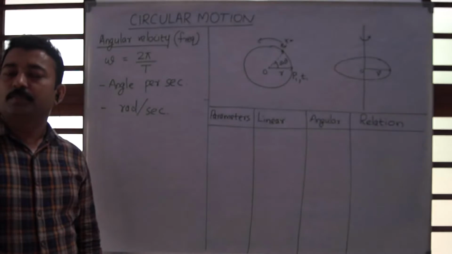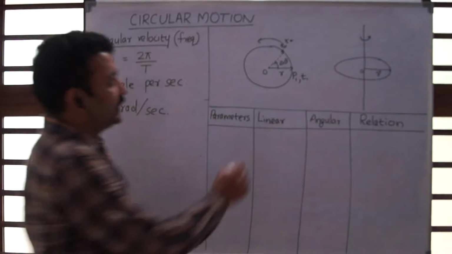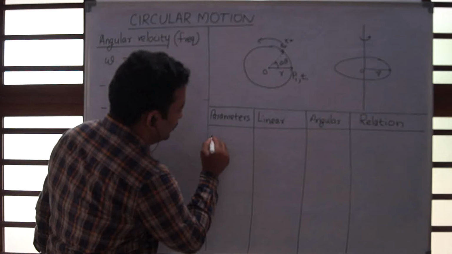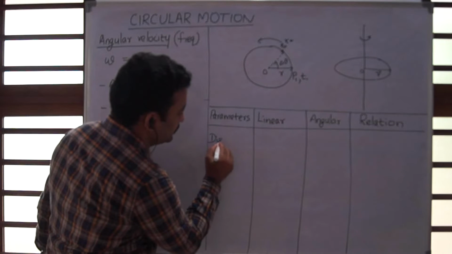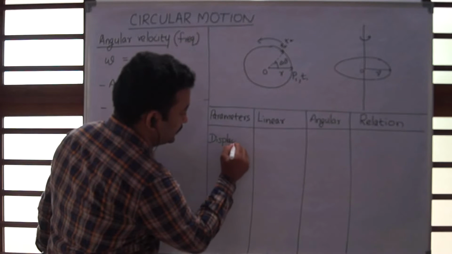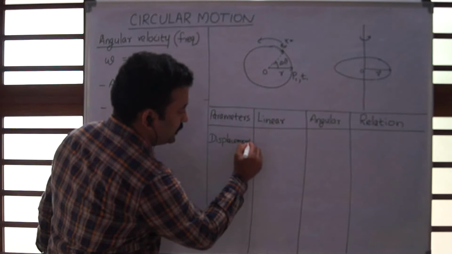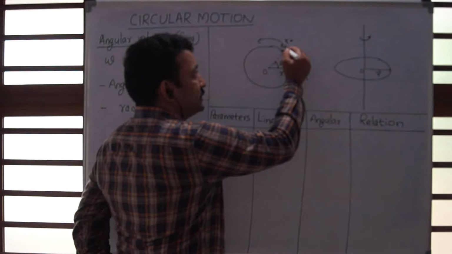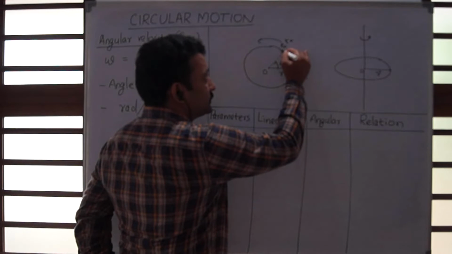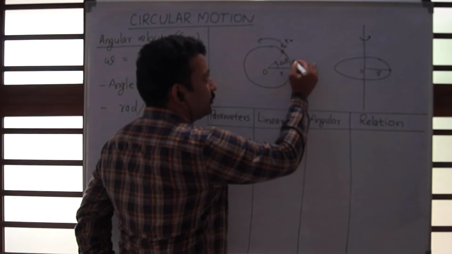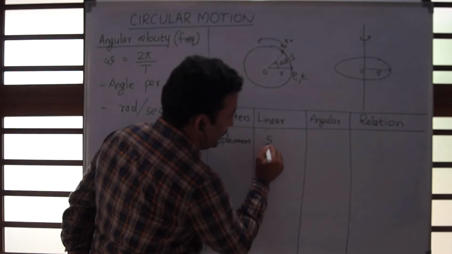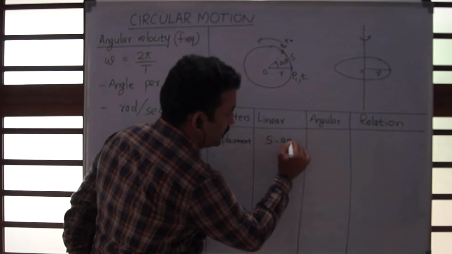We can say that the particle has covered a length, that we will call the linear displacement. So when the particle moves through the circle, it has covered a linear displacement, because the arc length can be expressed as s.